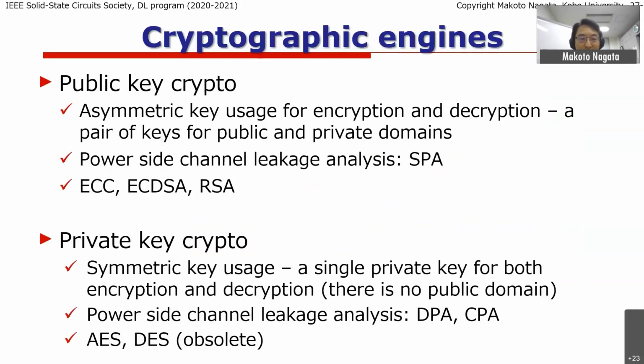Public key crypto is sometimes called an asymmetric key type of cryptographic engine. In this case, a different key is used for encryption and decryption, and those keys are a pair for the public and private domains. This means the public key can be seen by everyone, but the private key is known only to the one who wants to encrypt the data.